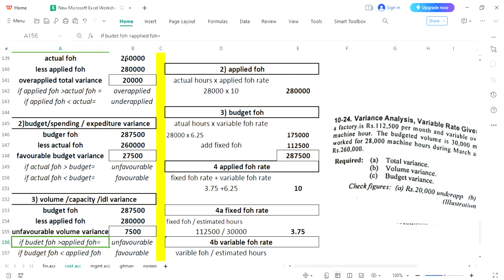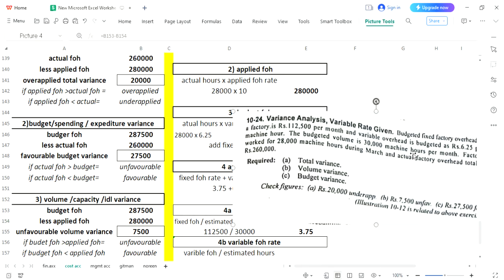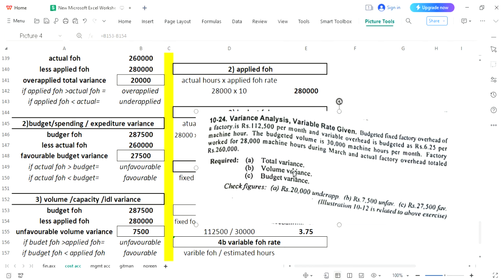Alright, so it means all of our three variances are calculated. The last variance was volume variance, and here you have calculated its answer. Try to understand, we have followed the format. In the format, second was budget variance and third was volume variance. And here the requirement was a little different.